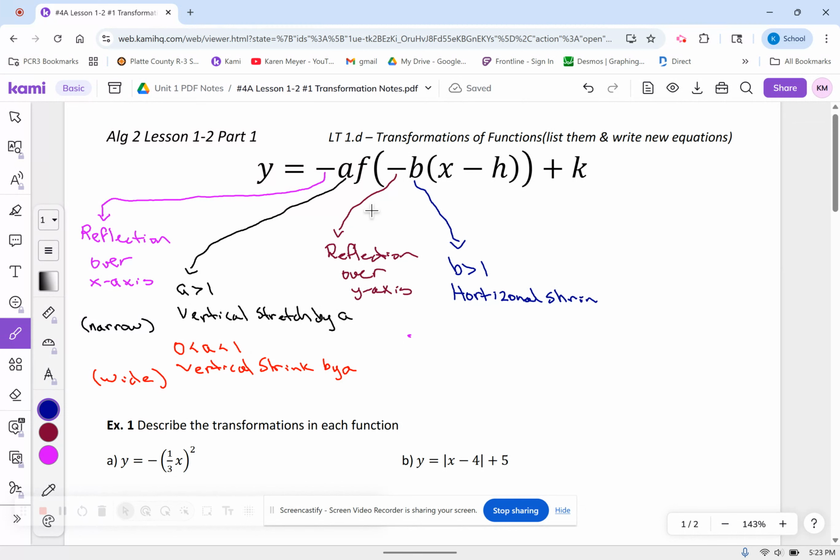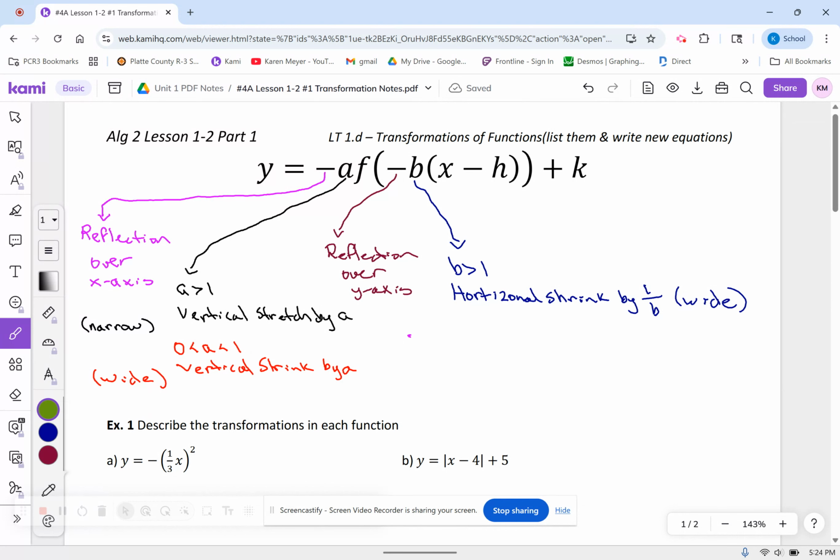And if this is backwards, then instead of just saying the letter B, you would say by 1 over B. And what does this do to the picture? This actually makes the picture become more wide. So you'll notice that this is completely backwards from what we wrote down for the letter A. So you have to remember all horizontal stuff is backwards.